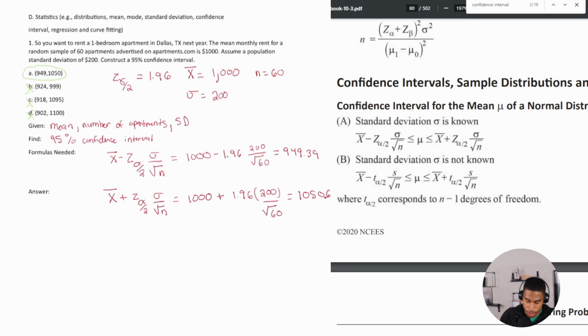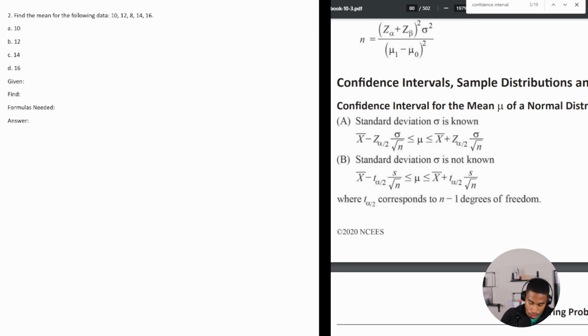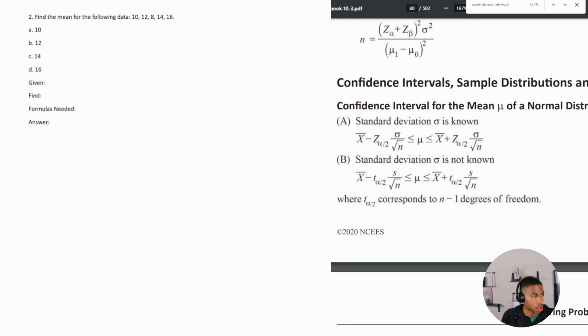Let's look at number 2. All right. So number 2 says, find the mean for the following data. I'm given data. I'm asked to find the mean. Formulas needed?